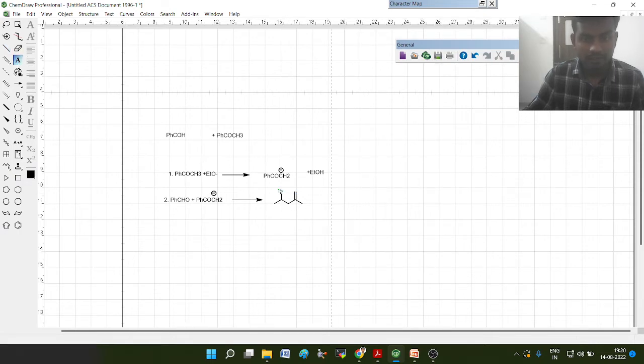So I have here O minus, remember, and then this will be the ketone, and we have Ph here. So this is the case.